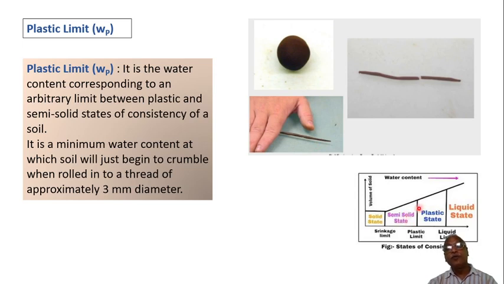If you are able to roll it less than 3 mm, you are in plastic state. So it should so happen that when you roll it, when it reaches 3 mm, it should start to crumble or crack down. Such water content, when the soil is rolled into 3 mm, it starts cracking. The corresponding water content is known as plastic limit.